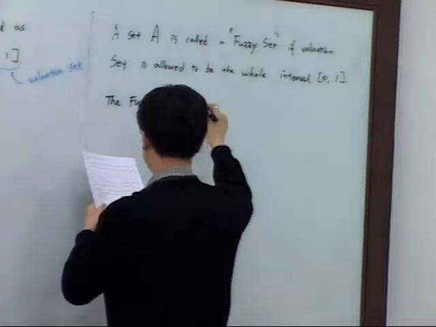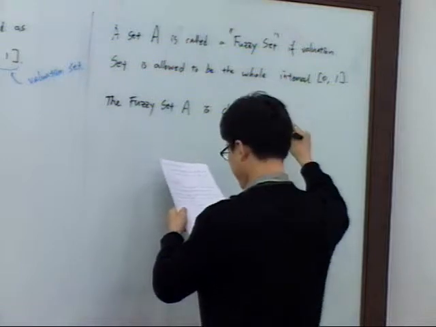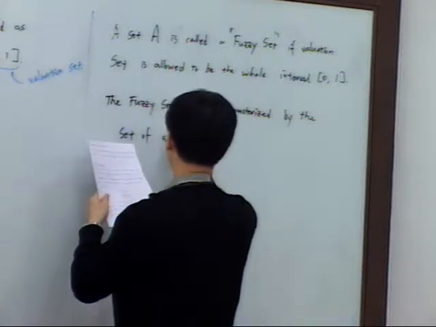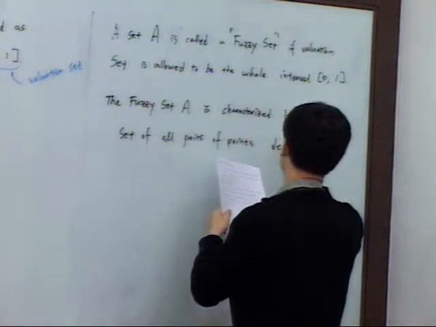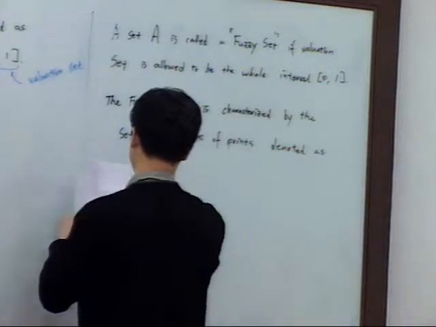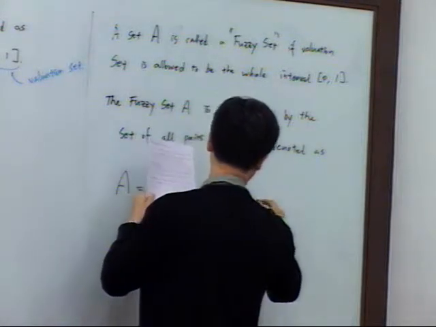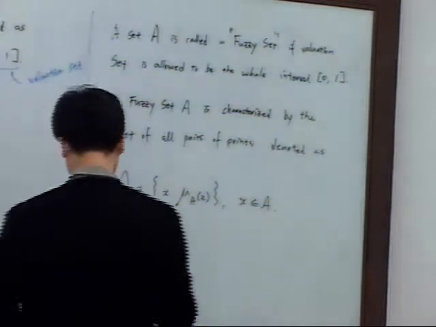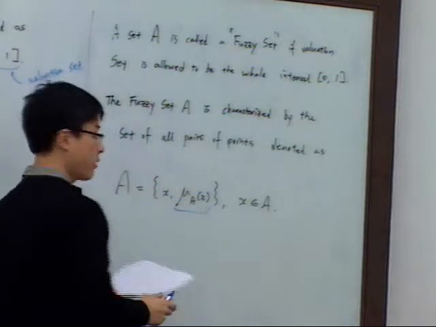The fuzzy set A is characterized by the set of all pairs of points, denoted as, and this mu sub A, a function of x, we call a membership function.